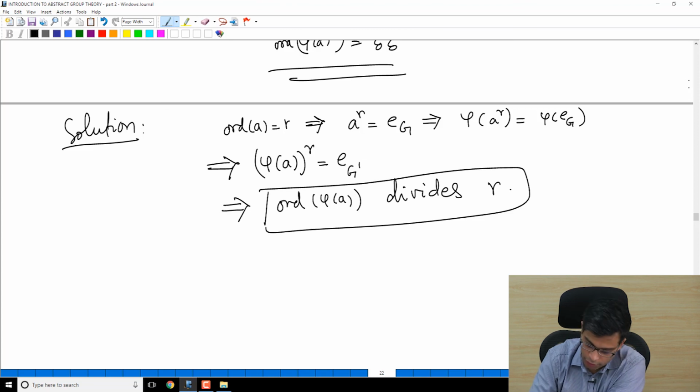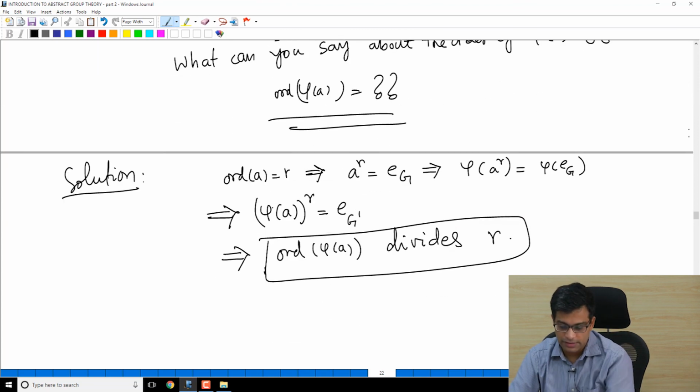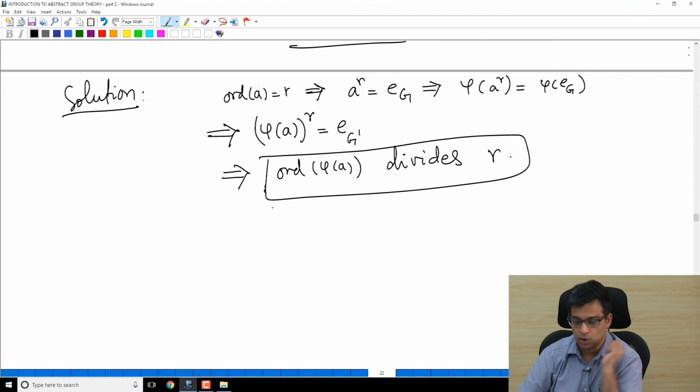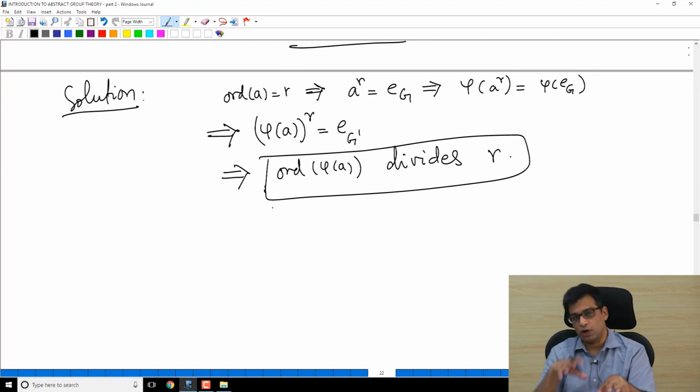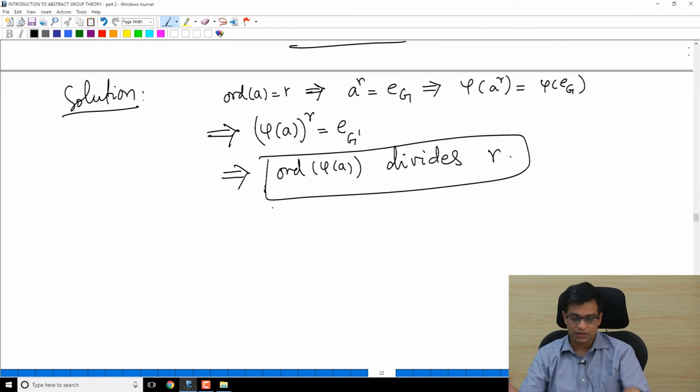So this gives you a restriction on the possible images of elements of a group under a group homomorphism. If an element has order 5, its image has to have an order that divides 5, so it has to be either 1 or 5.